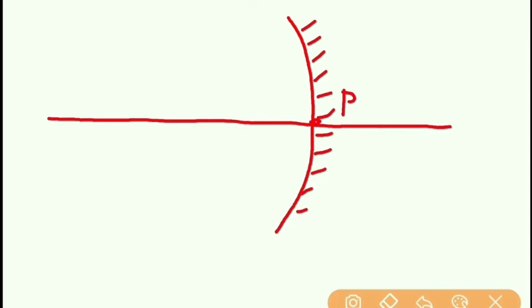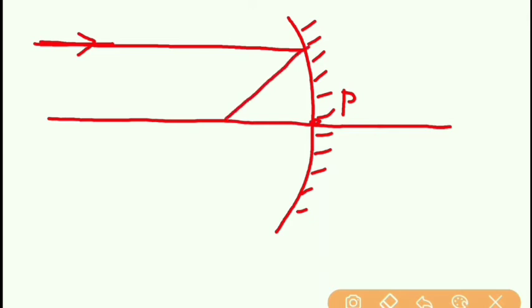Now, whenever a ray coming from the object is parallel to the principal axis, after reflection it always passes through the focus. So this is the reflected ray that passes through the focus. So always remember this.